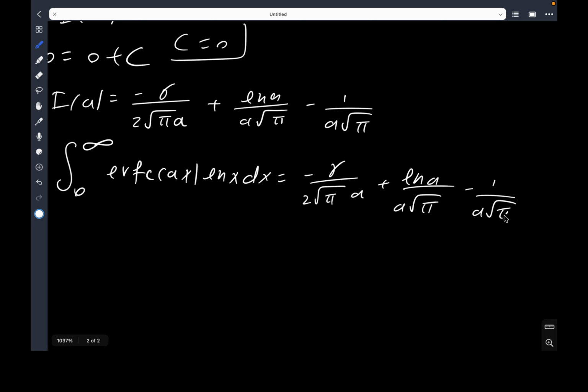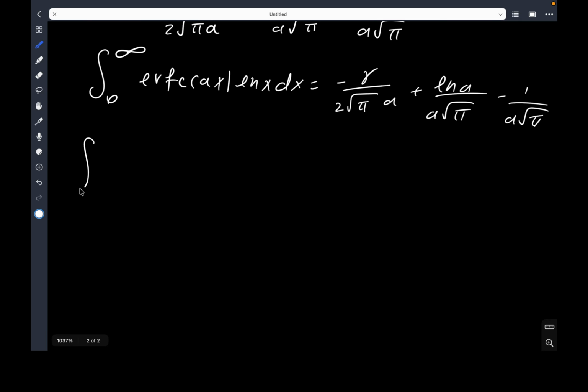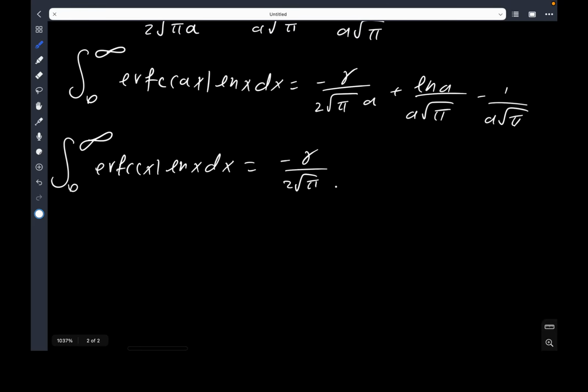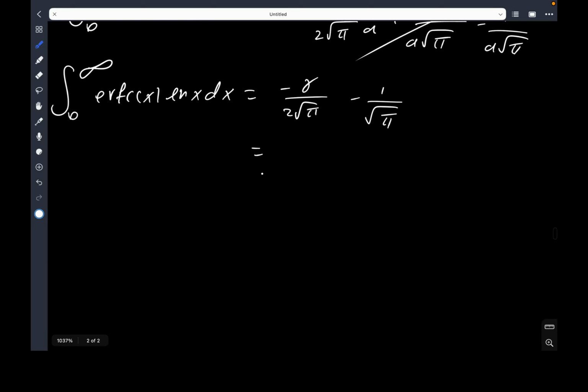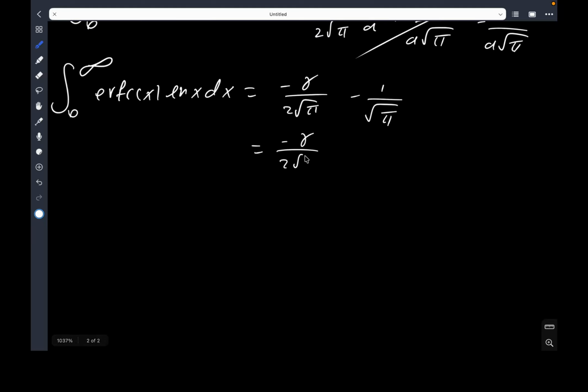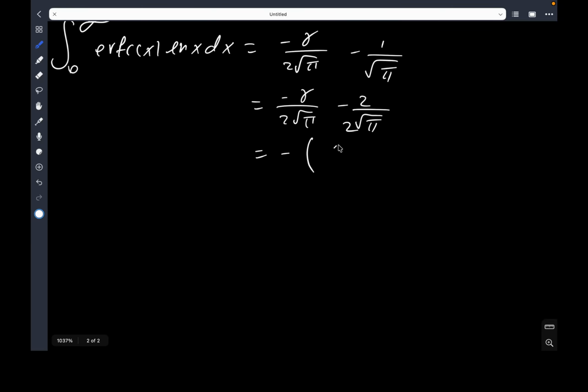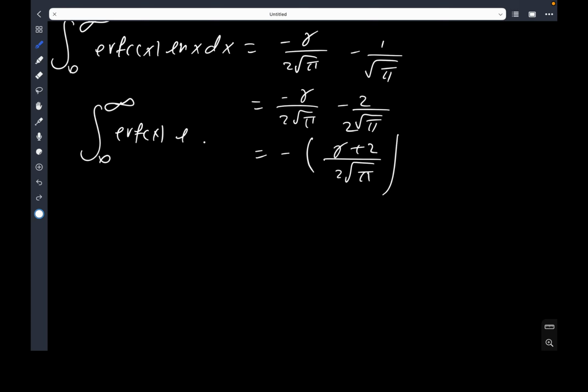And if I plug in a equals 1, I'm going to get the integral of erf of x ln x dx to be equal to negative gamma over 2 root pi, ln of 1 is 0, minus 1 over root pi, which simplifies to negative gamma over 2 root pi minus 2 over 2 root pi, which is negative gamma plus 2 over 2 root pi.